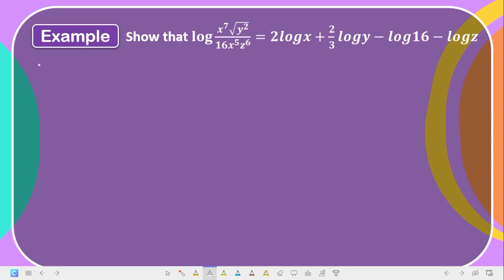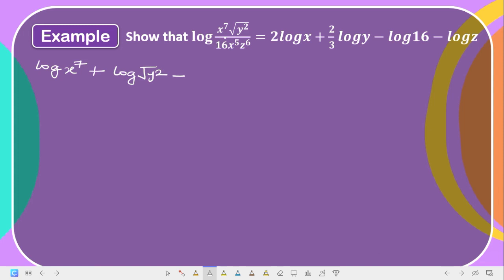Now, this will be log x to the power of 7, plus, because what we have here is multiplication. Are you getting it now? So log x to the power of 7, this multiplication. So this becomes plus log root y squared, minus. Now minus because what we have here is division. Are you getting it now?